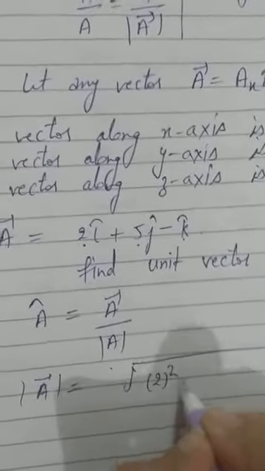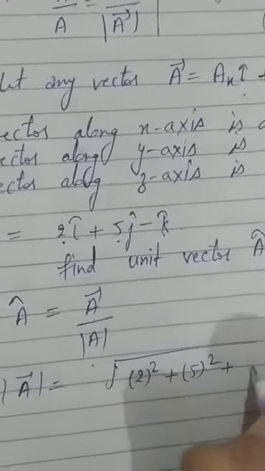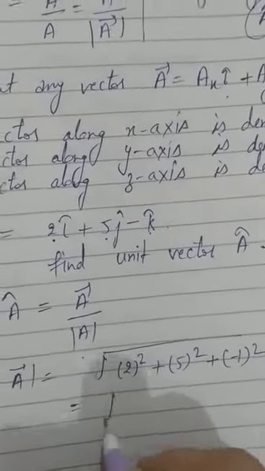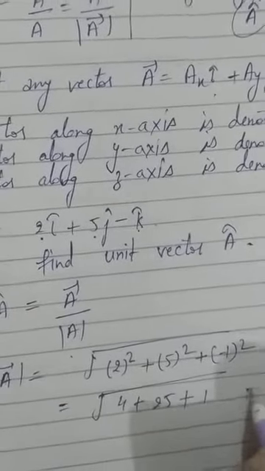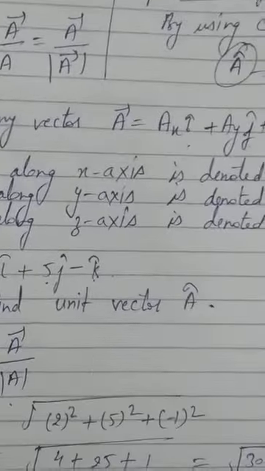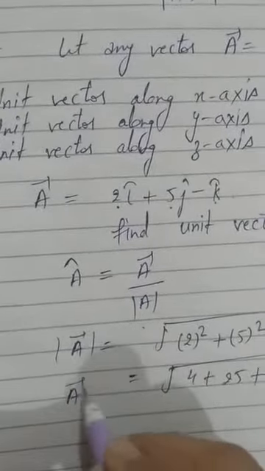Now this we can write as 2 square plus 5 square plus minus 1 whole square. Now this is 4 plus 25 plus 1. Here we can write under root 30. Clear? This is the magnitude of the a vector.